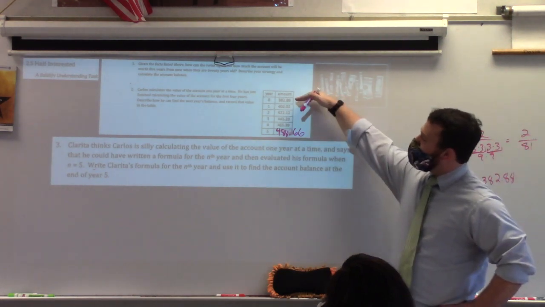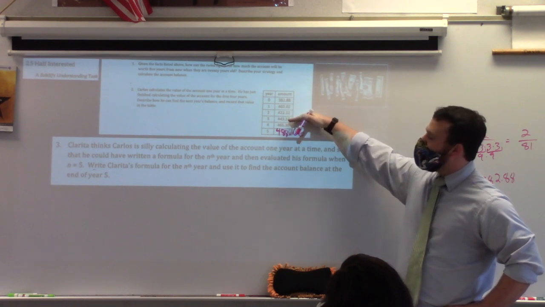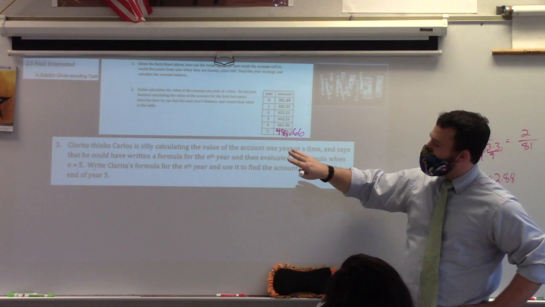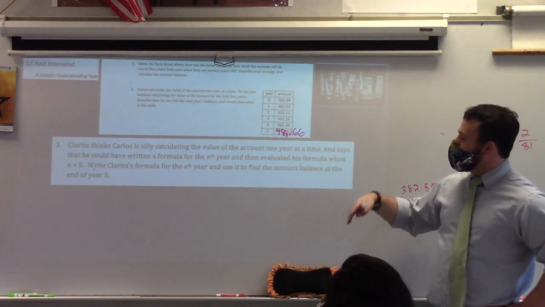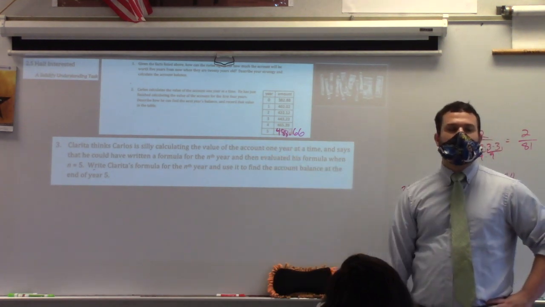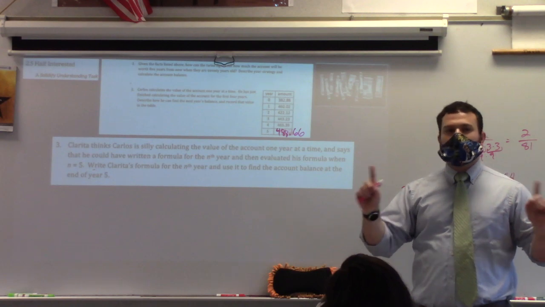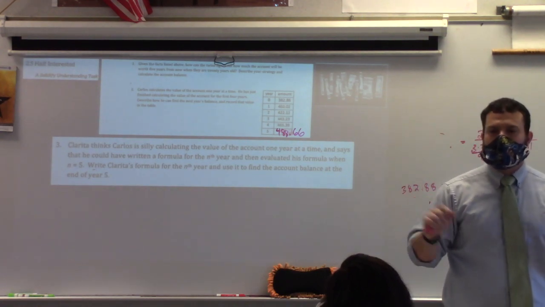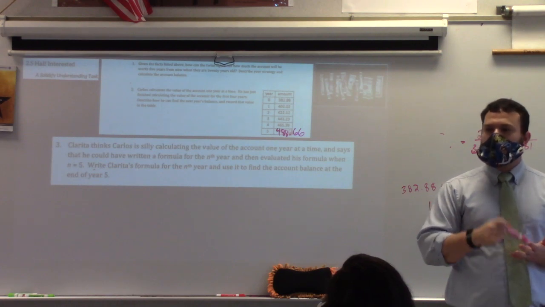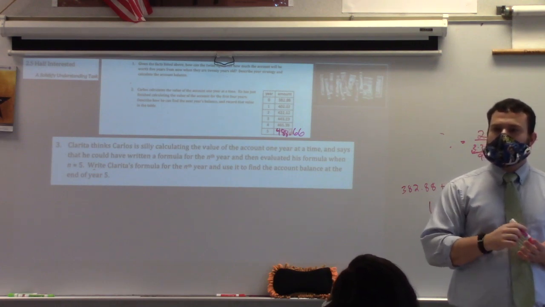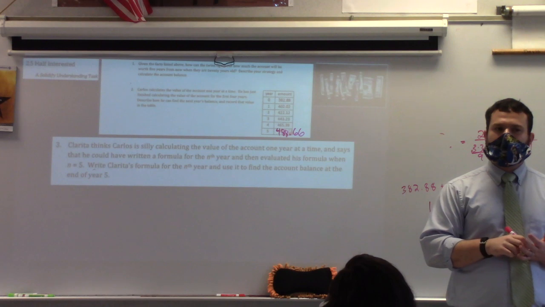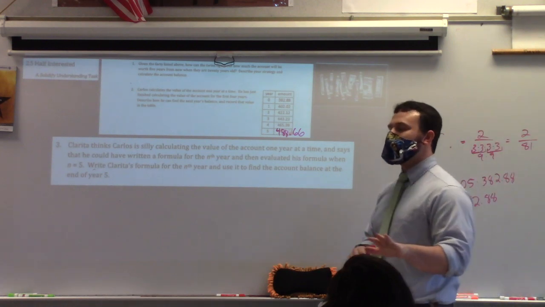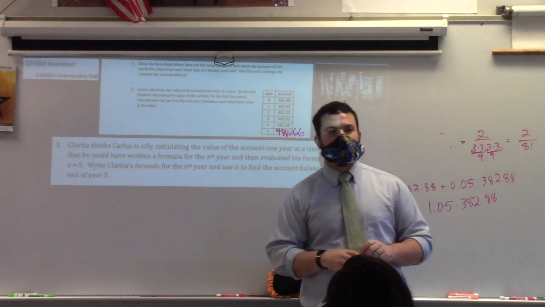So first off, I want us to really clearly understand this. Carlos was calculating each year, right? One at a time. Whereas Clarita is thinking, hey, you should just write a formula and then you can plug something in. What ideas are they using there? They're kind of different, but they're very closely connected. Any ideas? There are 2 different types of equations that we study, not sequences, 2 different types of equations.